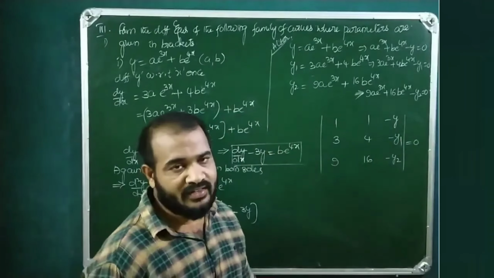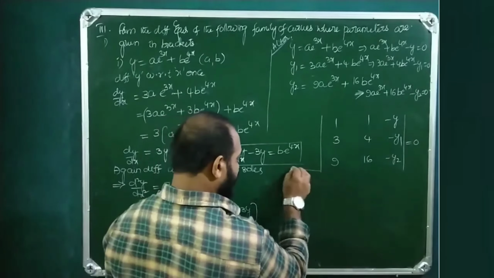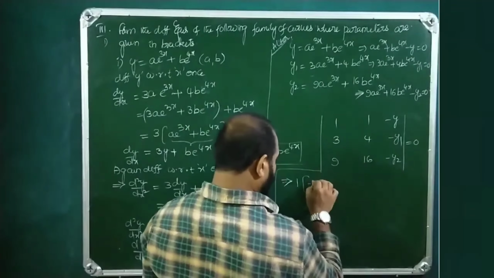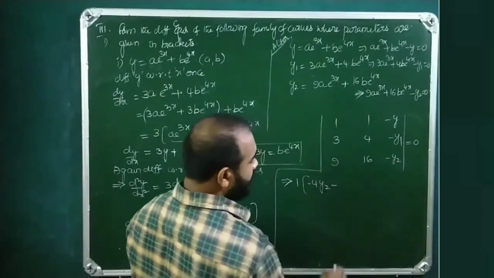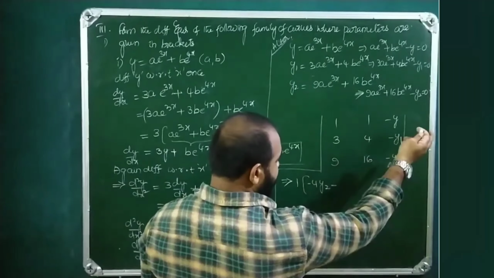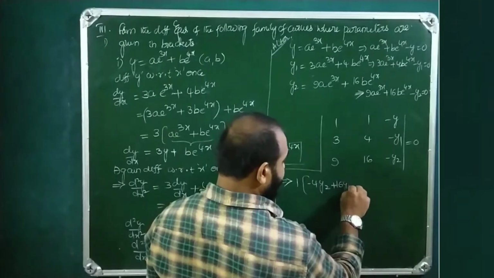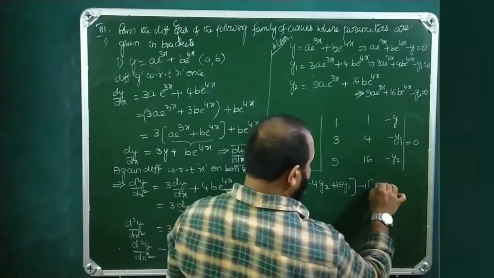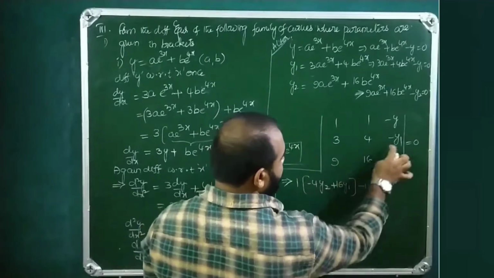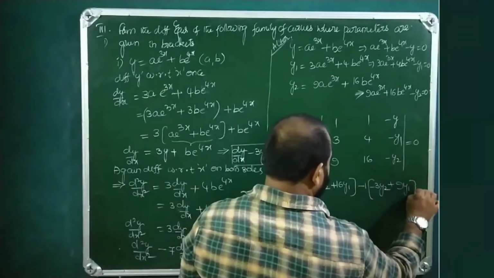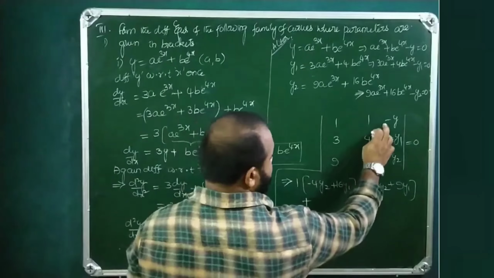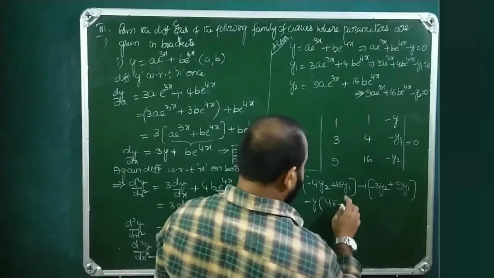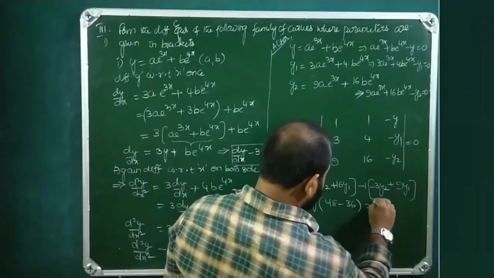If you solve this, we can get the differential equation. This equals 1 into (4 into minus y2 minus 16 into minus y1), which is minus 4y2 plus 16y1, minus 1 into (3 into minus y2 minus 9 into minus y1), which is minus 3y2 plus 9y1, plus 1 into (3 into 16 is 48 minus 9 into 4 is 36) into minus y, equals 0.